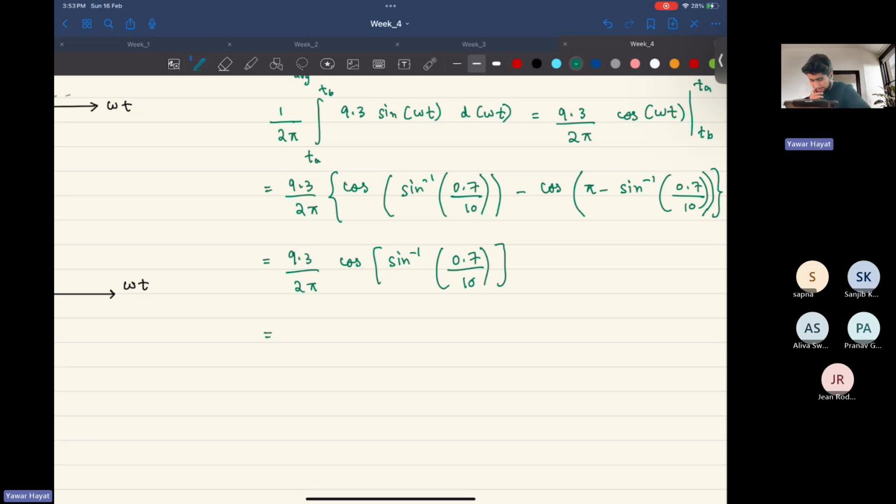So how much is this? Can anyone tell me the answer corresponding to this? Take it in radians and tell me.